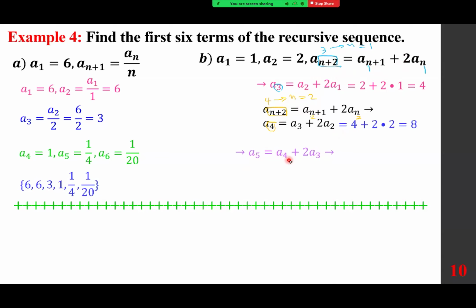This is 3, this is 4. So a sub 4 is 8, 2 times a sub 3, 4. 8 and 8 is 16. And I'm going to leave it for you to figure out a sub 6. And these are the answers.